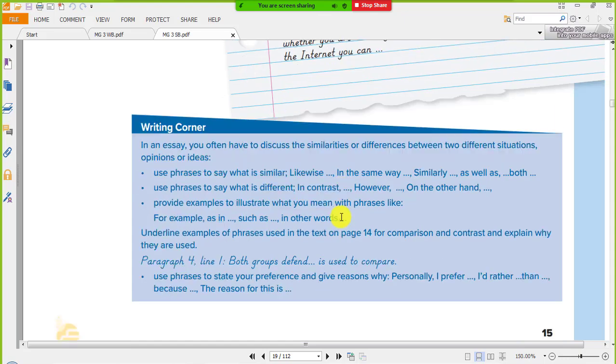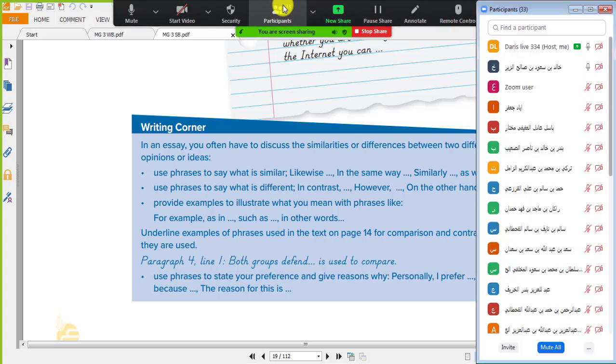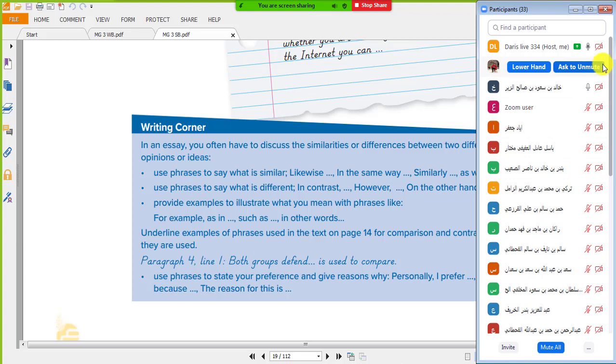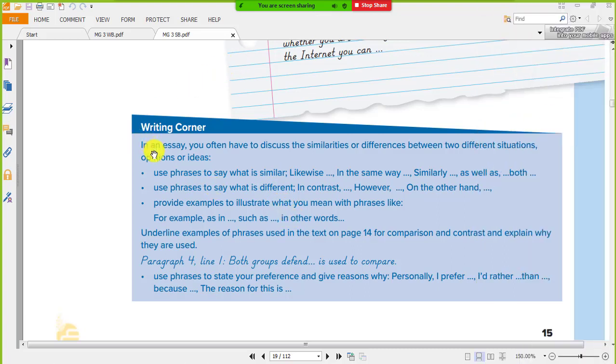Writing corner. Who can read these notes? Okay, Yusuf, read the first one. Writing corner.